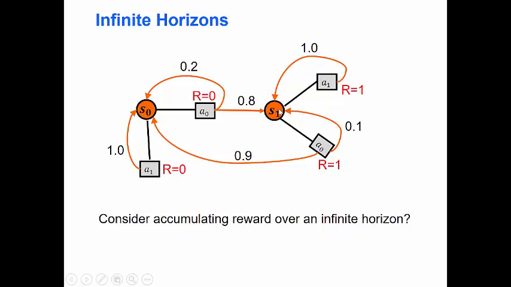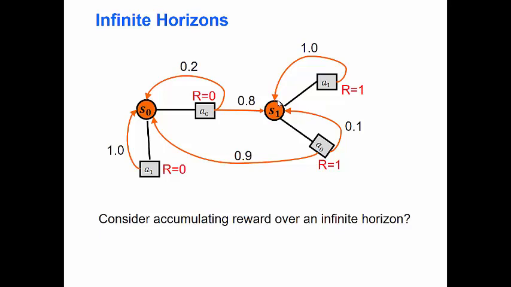Right? And similarly, if you take A0, you'll get a reward of 1 every time, but you'll likely end up back there. And so this can be a bit problematic, because taking action A1 actually could give you an infinite sequence of rewards of 1, which in the infinite limit gives you an infinitely large value.